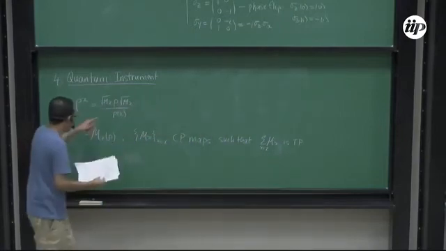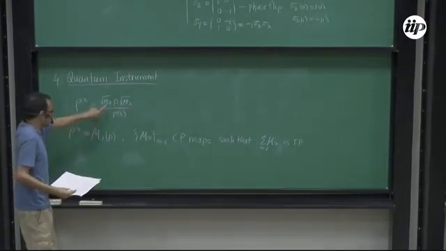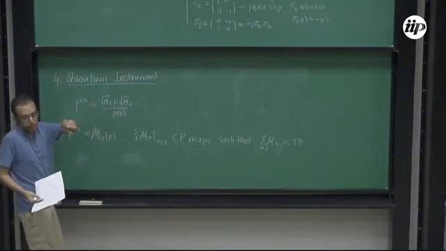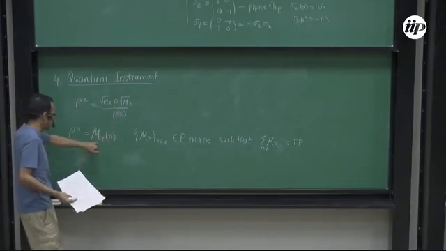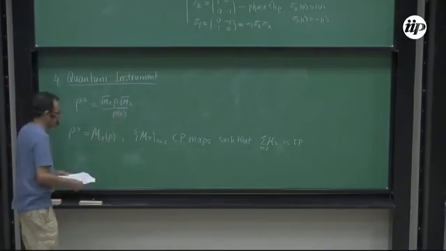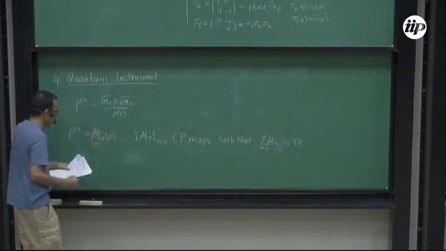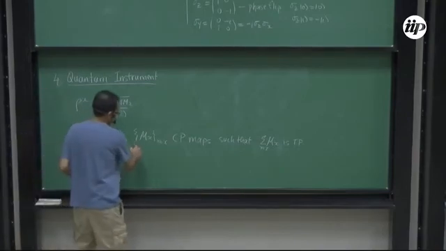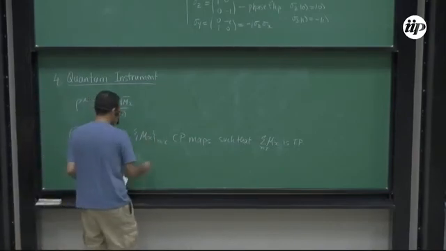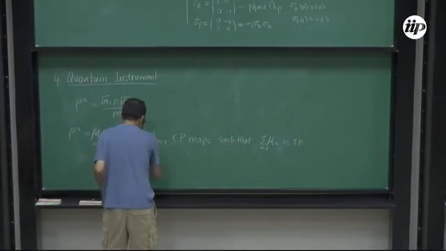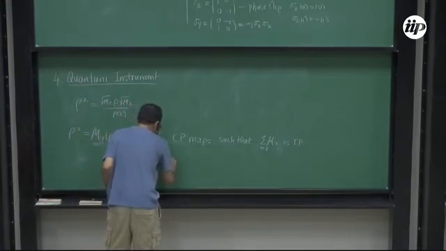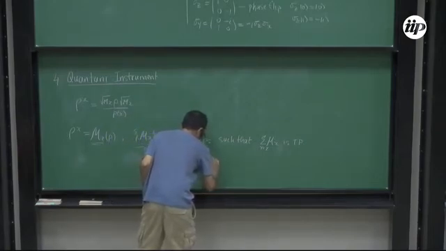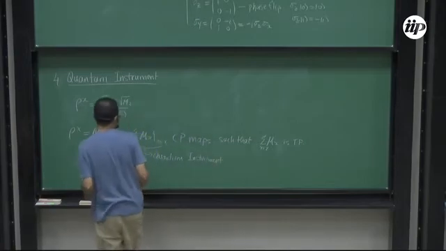We can think of this map as having one Kraus operator, because this itself is the Kraus operator. But you could have a more general scenario where there is more than one Kraus operator, maybe 2 or 3 and so on. And this set of maps, we call a quantum instrument.